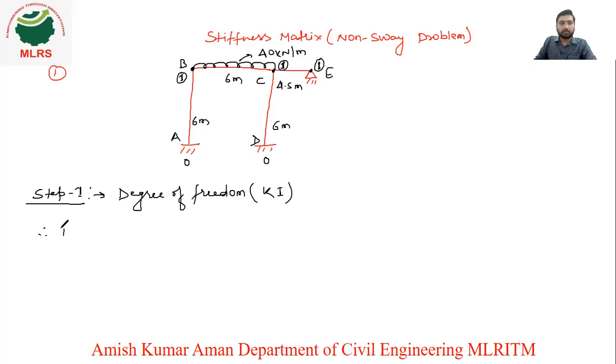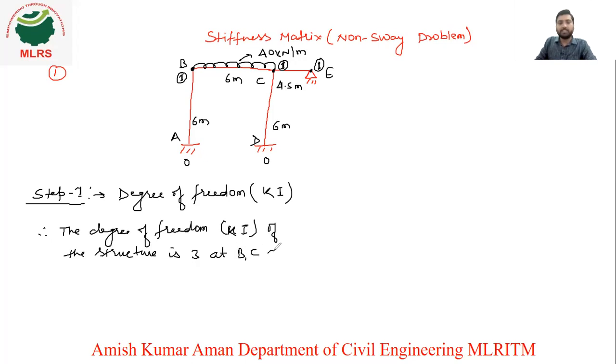Therefore, the degree of freedom or kinematic indeterminacy Ki of the structure is 3, at B, C and E. These are the 3 points where the degree of freedom is there.